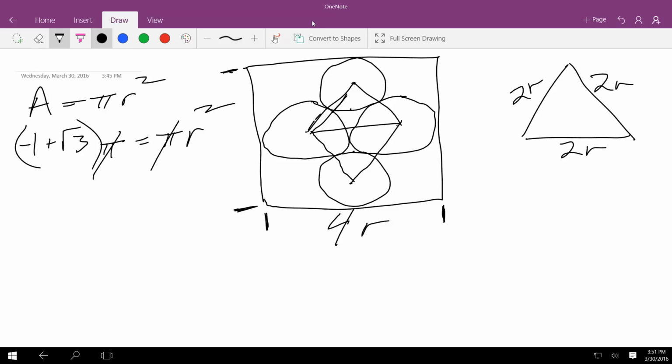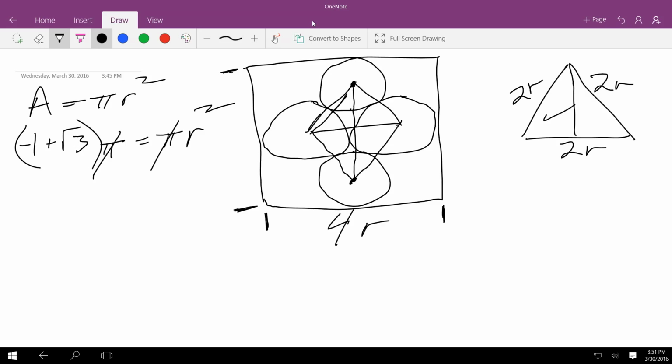It's an equilateral. So if I can figure out that distance there, this is the same equilateral triangle down there, so I'll add that height of that equilateral triangle times 2 to get the distance between there, and then I will add 2r to it.